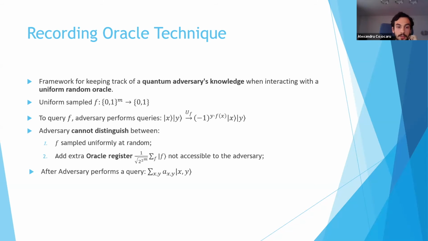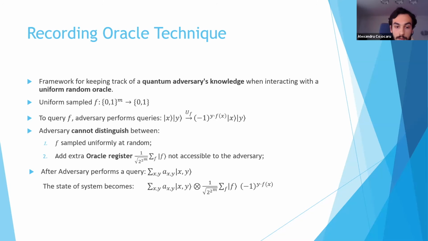To make it a bit more clear, suppose that an adversary is going to perform a general quantum query. It's going to be a query of the form sum over x, y of a_xy, state |x,y⟩. Then the state of the system after we perform the query is going to be the same in the input register. And then we can see that the phase that we had before, so this (-1)^(y·f(x)), can actually be moved to the second register.